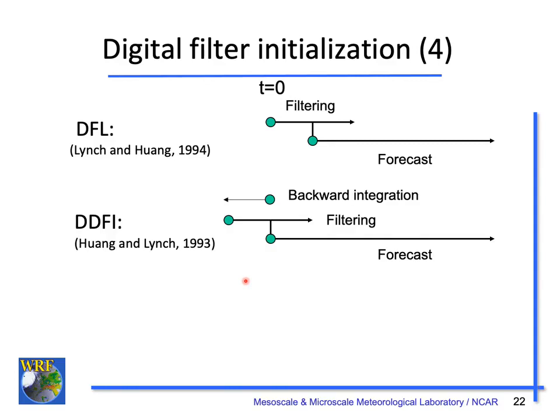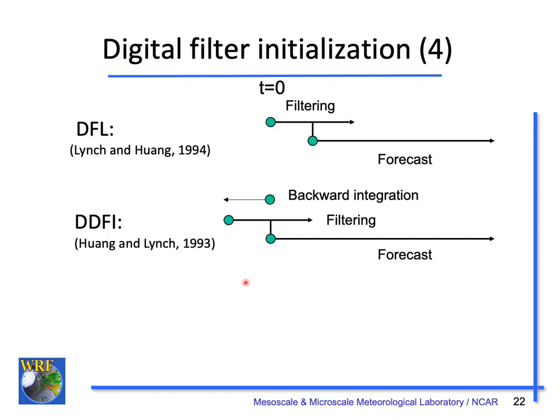The second option is called diabatic DFI. The option first integrates the model backward, adiabatically, and then integrates the model forward diabatically, which means physics is activated, and runs DFI during this forward integration. Forecast is then launched at the original model start time.